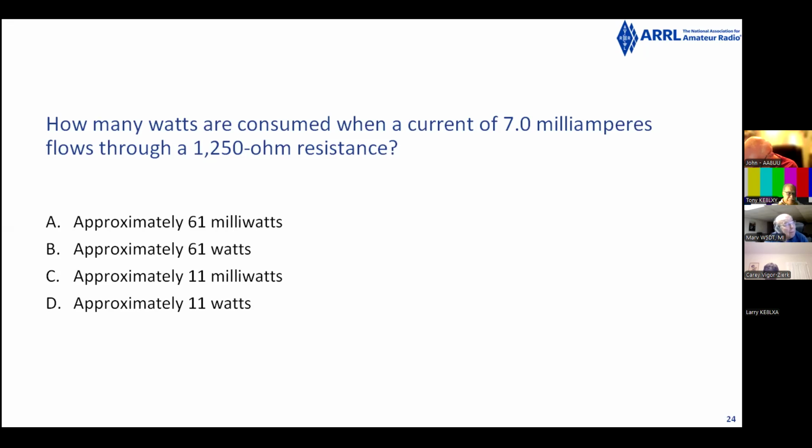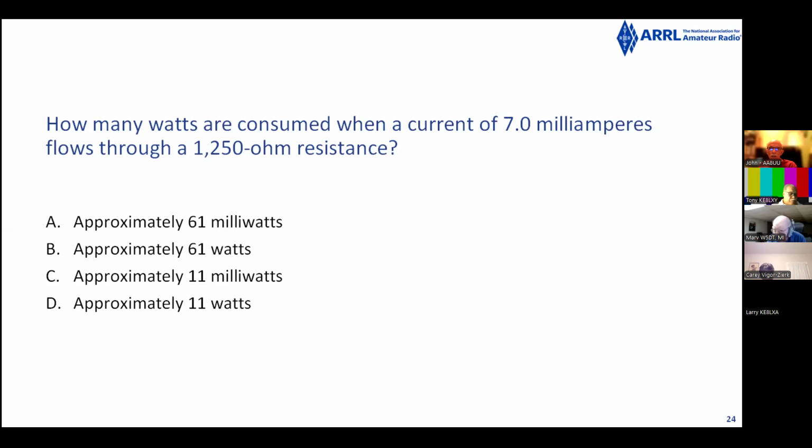So if you take 7 milliamps times 1250 ohms, that'll give you the voltage.